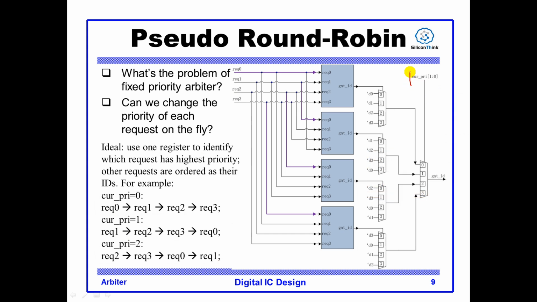Then we use the current priority register to select the right group of arbitration result. That is, we select which priority setting we want. If the value here is equal to 2, then we will select this setting to the final output.